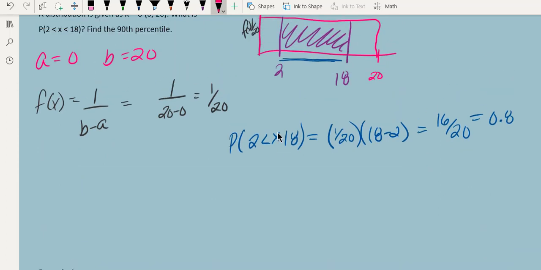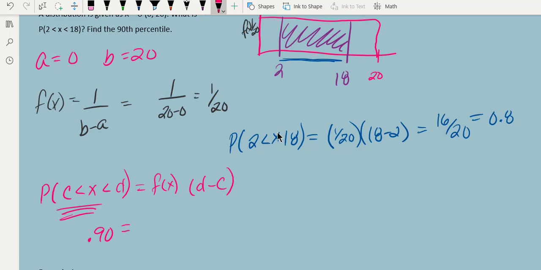So if I look at this, this is saying the probability of C less than X less than D, and that equals f of x times D minus C. So we are trying to say we want this to be in the 90th percentile. That's our probability, 90th percentile. So what's the probability that it's going to equal 90?